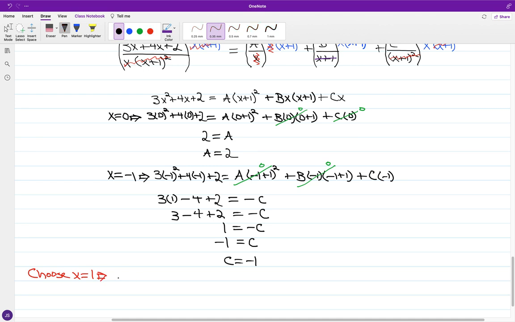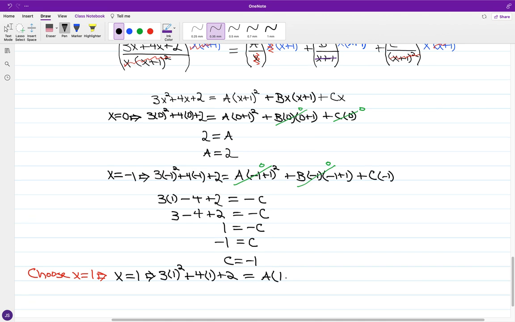Okay, so if I were to choose x is equal to 1, and going to this equation, so 3x squared, so 3 times the square of 1 plus 4 times 1, plus 2, and a we've already determined.